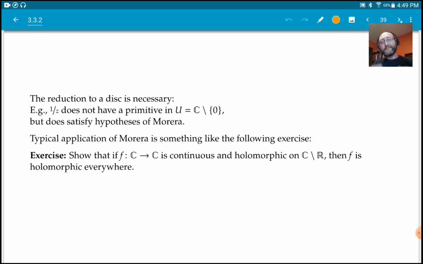If you're starting with something continuous and you have holomorphicity in a large enough set, you can use Morera to show that you actually get holomorphicity, right? So that's a typical simple application, a typical example exercise. Something like that would be on a qualifying exam. It's a typical thing to put on a qualifying exam, right?